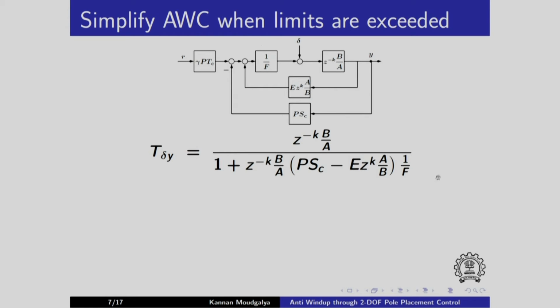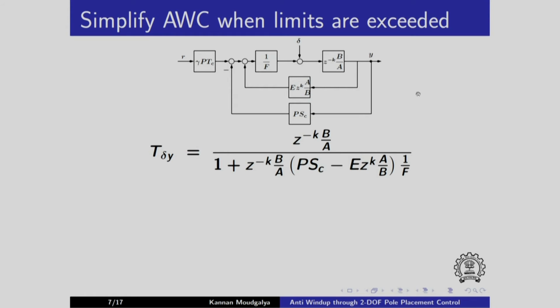One gain is here, 1 over F comes here, another gain is the plant gain which is here, and the feedback path, what we will do is we will merge this inside this, and because of the minus sign you will have to put a minus sign here. You put a minus sign, that comes here, PSC minus the gain that we have in this block, that comes here. So as a result, this is nothing but the transfer function between this delta and Y.